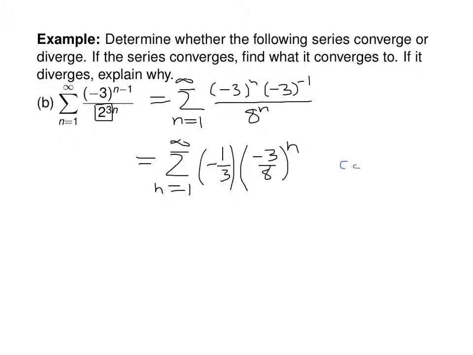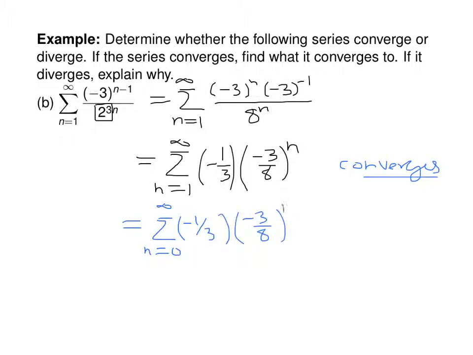Now we know that this will converge because the absolute value of negative 3/8 is less than 1. But now we have to change the indexing set. So we change this to a sum from n equals 0 to infinity of negative 1/3, and the negative 3/8 will be raised to the n plus first power.